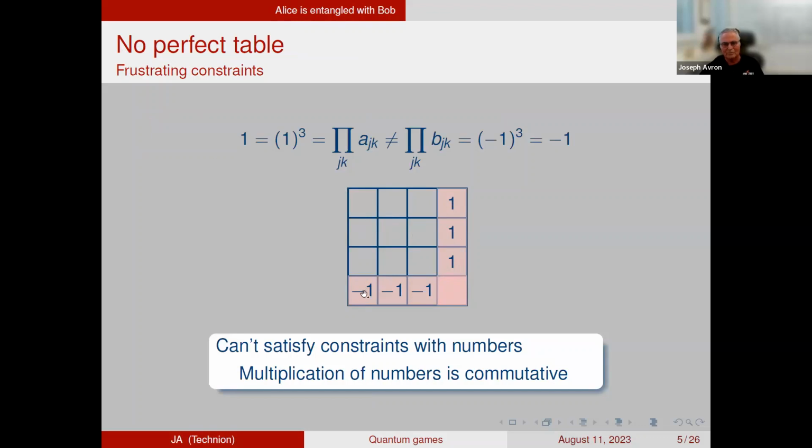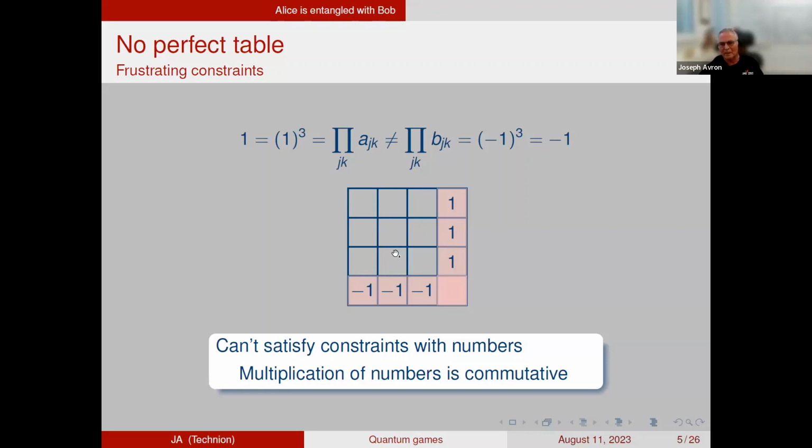But according to Bob, it's the product of all 3 columns, which is -1. So because of this, it is just not possible to have a table which will satisfy the 2 constraints and that Alice and Bob could agree on.